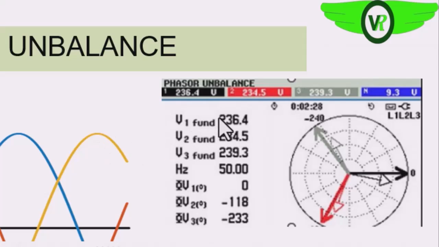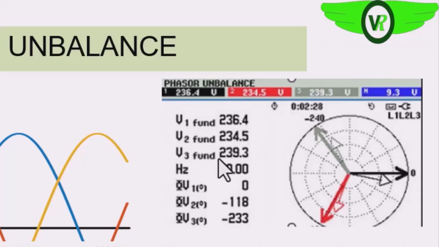Now, what is the level of imbalance in this system? So to calculate the level of imbalance in this system, as you can see, the first phase, we have 236.4 volts. Then the second phase, we have 234.5.